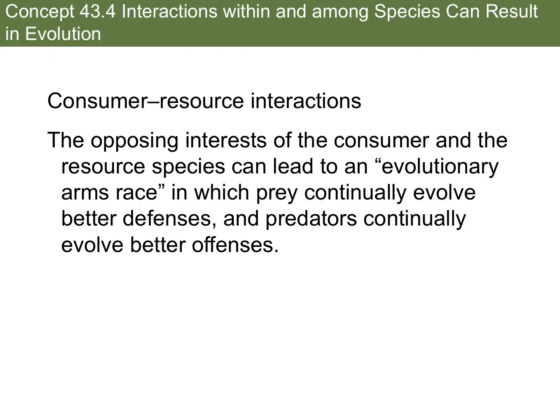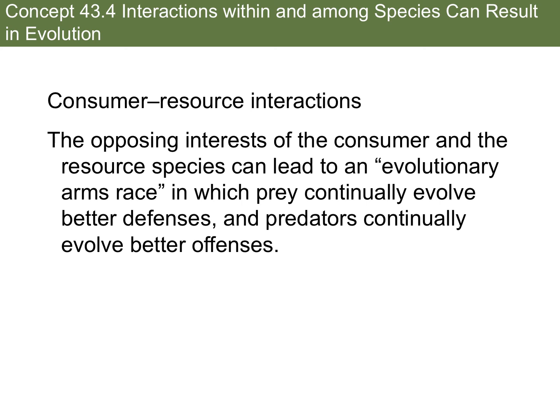So that was competition. Now looking at these consumer resource interactions. These would be things like predation, parasitism, herbivory, which is where your herbivores eat plants. In this case, this is a positive negative relationship. So one species will benefit, the other one will be harmed.